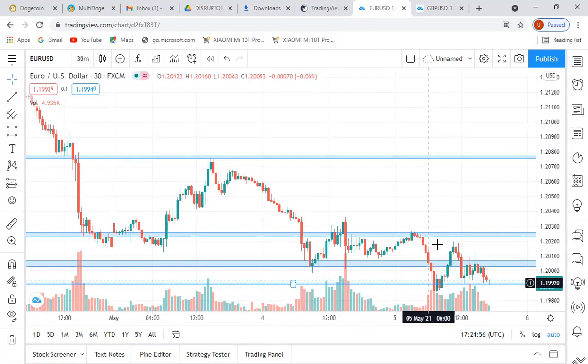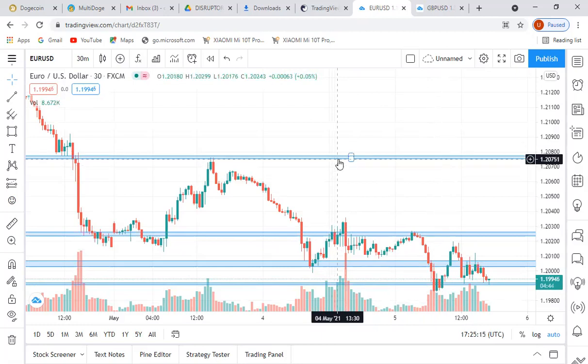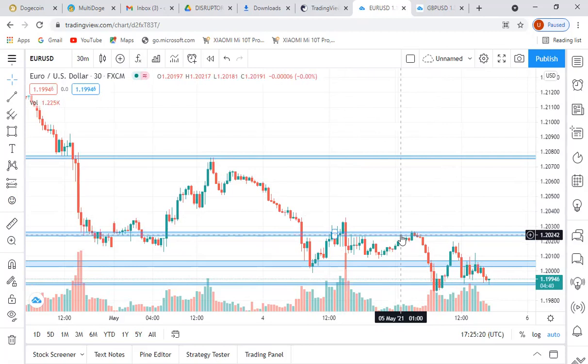Well, this is major, so you can't have two majors. So this is major support zone one, and then the next, support zone two. Then this is major resistance one, and then the next, minor or whatever, resistance two.